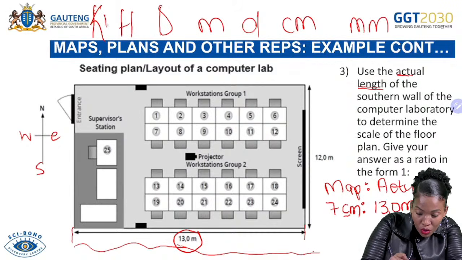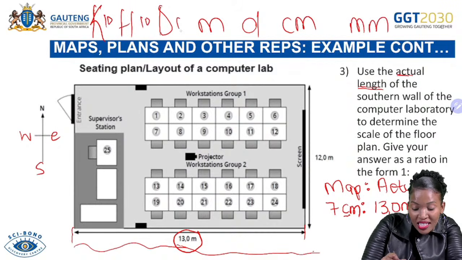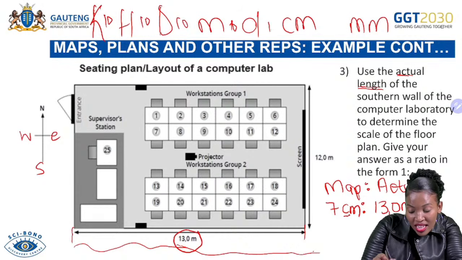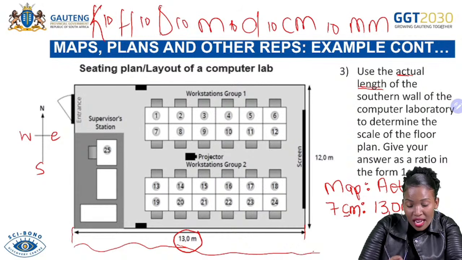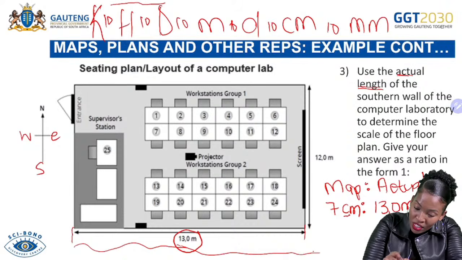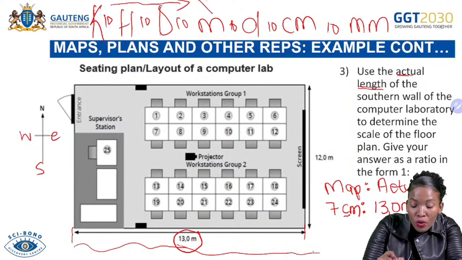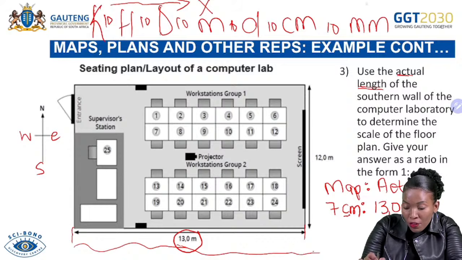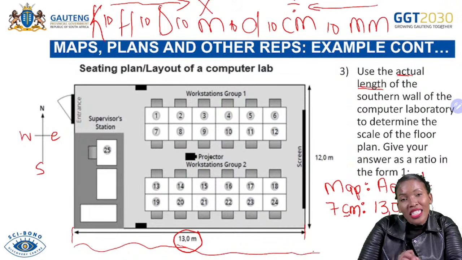And then we know in between all of them there's a 10, a 10, a 10, a 10, a 10, and a 10. When you move from a larger unit to a smaller unit, you are always going to multiply. From a smaller unit to a larger unit, you are always going to divide.